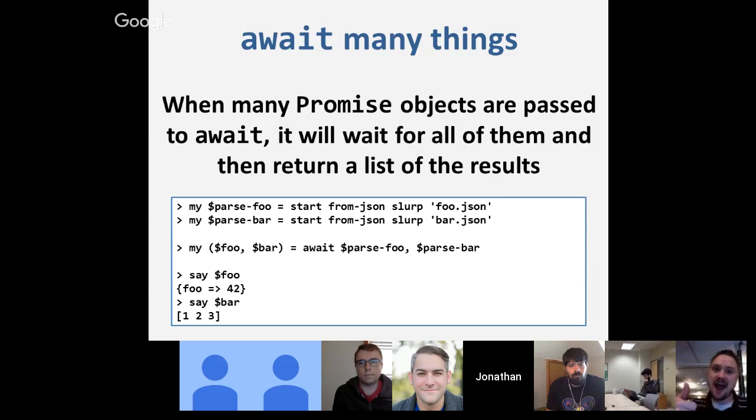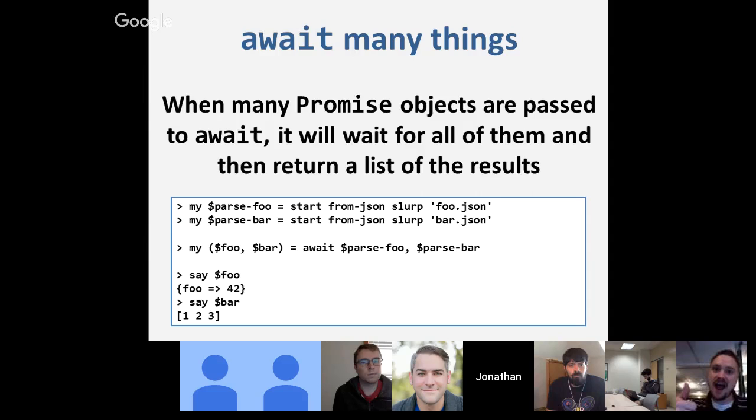So let's just take a look at how we might use await in a slightly more interesting way. So here I am reading some JSON in from 2 different files. I want to parse it. So it might occur to me that I can read those and parse the JSON on 2 concurrent threads, maybe just to get me a little bit faster startup of the application or something.